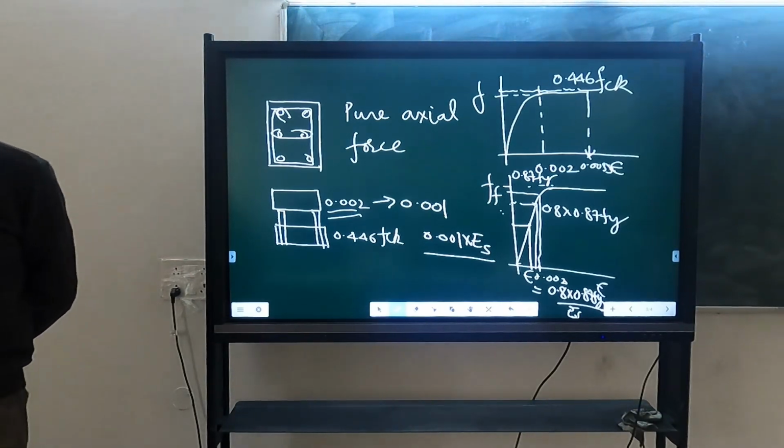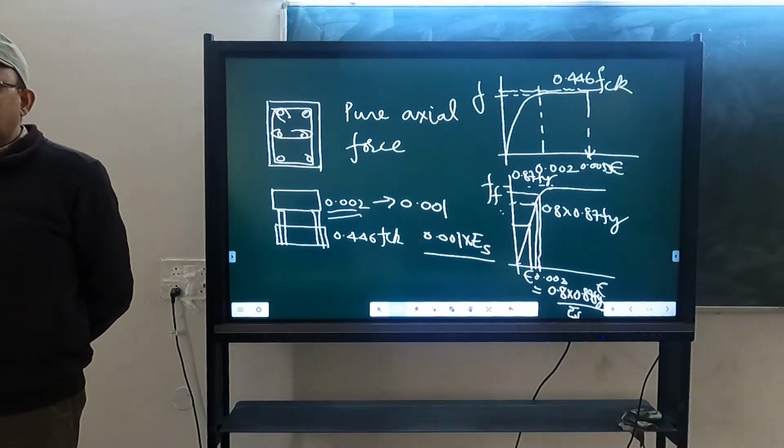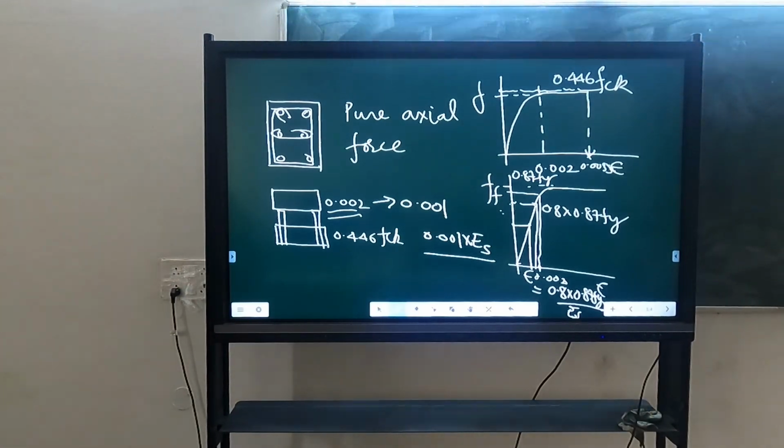If the strain relationship is like this, the neutral axis is somewhere here. If the strain is uniform, the neutral axis is somewhere at infinity. In this case, I can apply the elastic theory, stress into strain. What is elastic theory? Stress equals strain into modulus of elasticity, like Hooke's law and all those things.